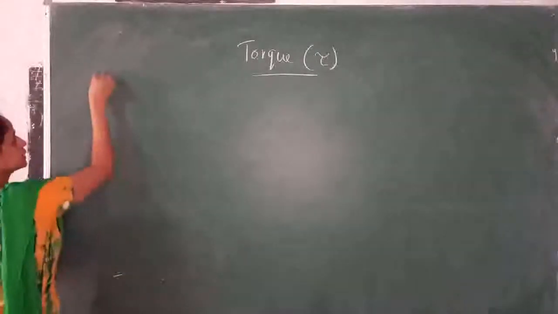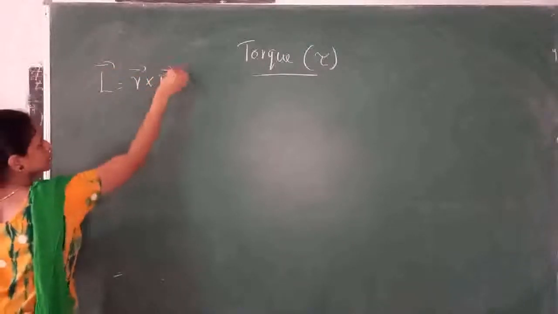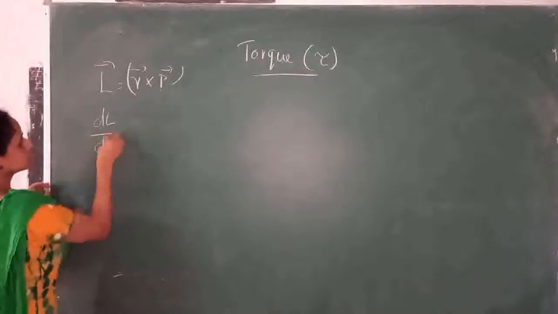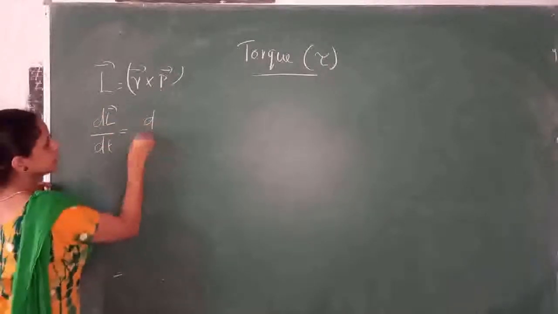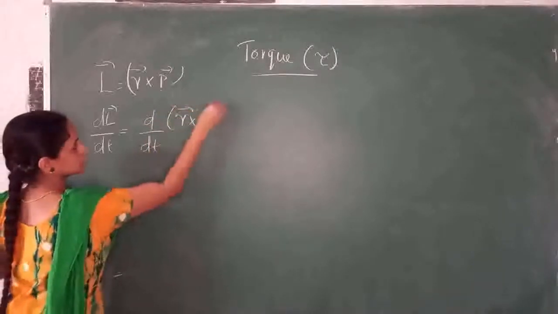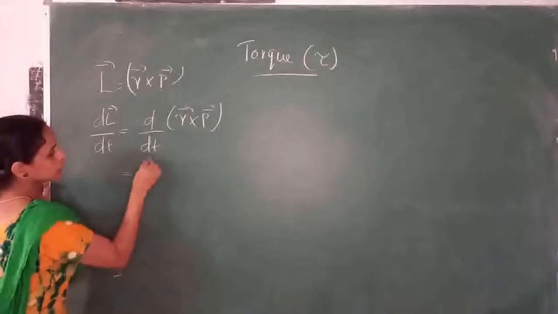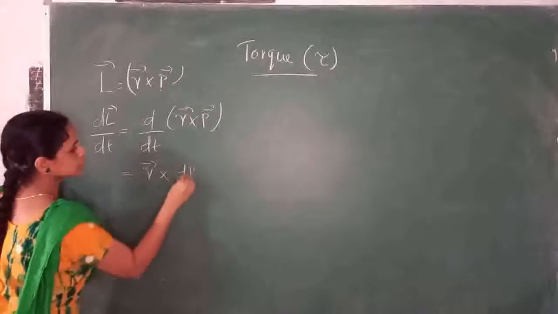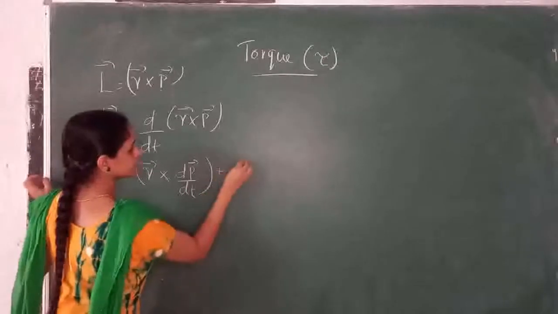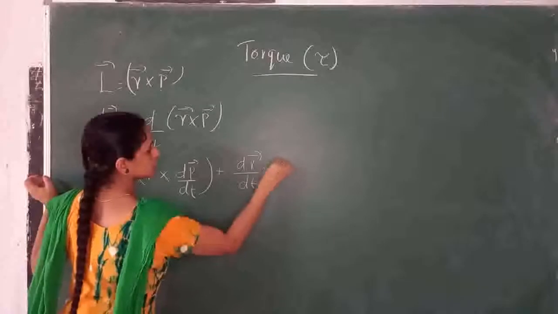L can be represented by R cross P. So dL by dt is equal to d by dt of R cross P, which is equal to R cross dp by dt plus dr by dt cross p.